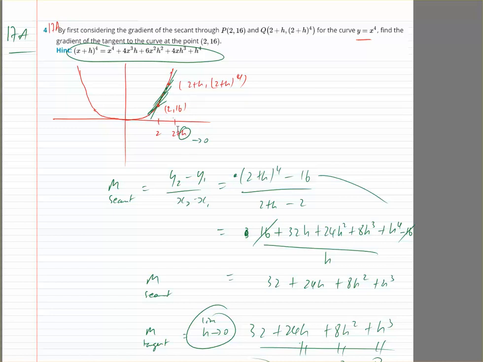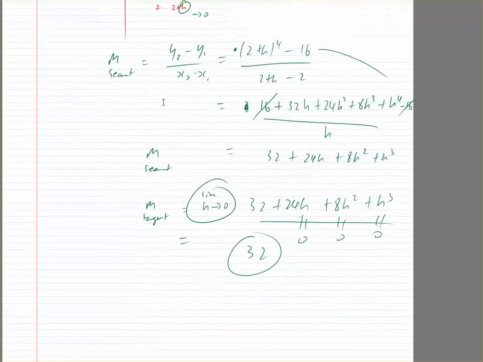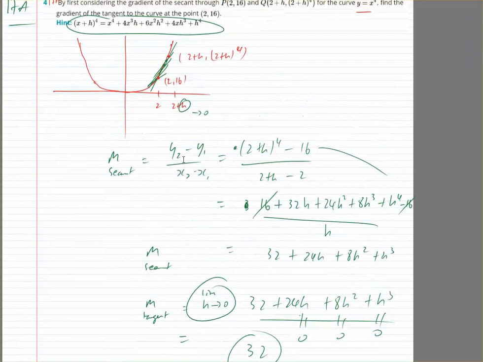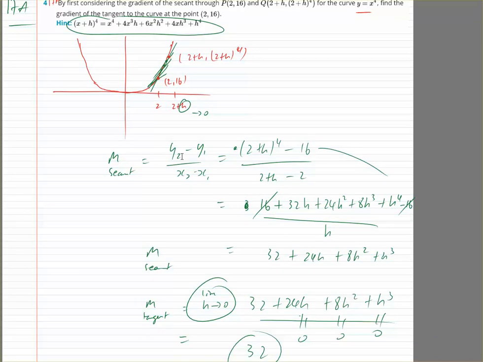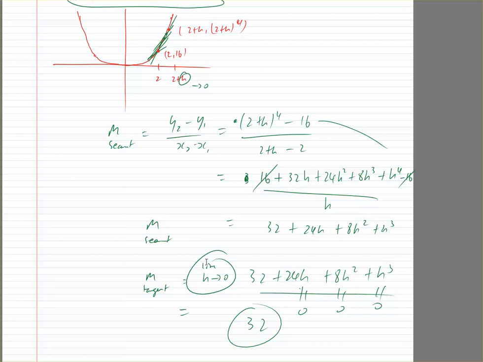But as that h that we added to the 2 goes to 0, then we get closer and closer to the actual gradient, which is equal to 32. Okay. Now, in 17b, you will learn how to find the gradient without having to use this method, but you need to understand the method by first principles, and this is essentially finding the gradient by first principles.